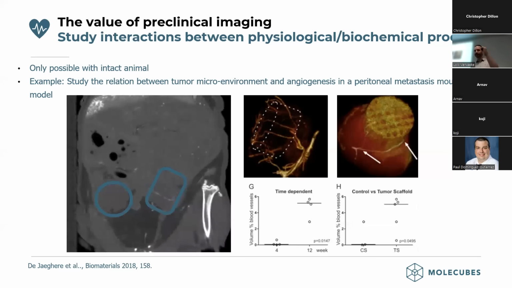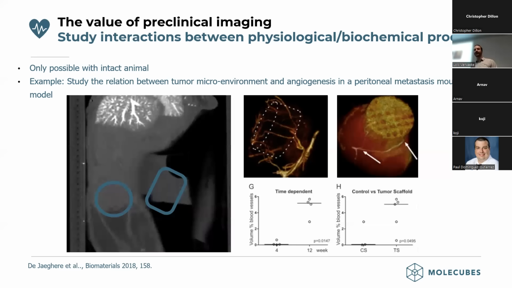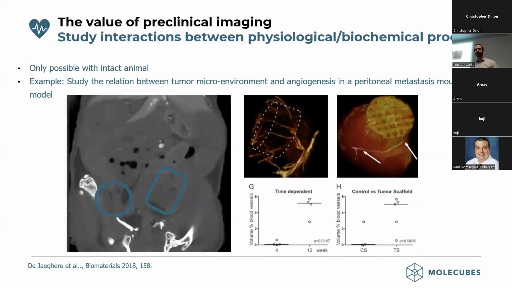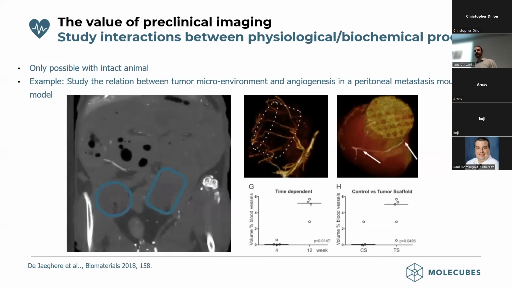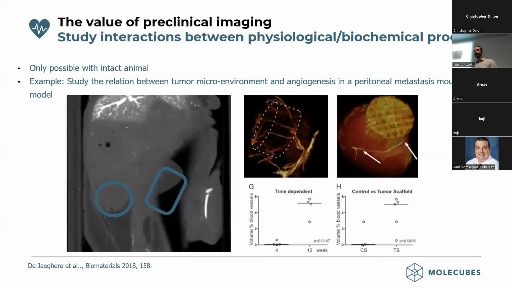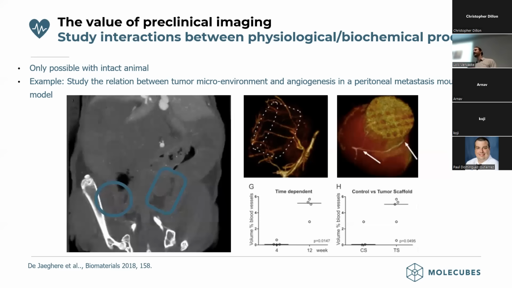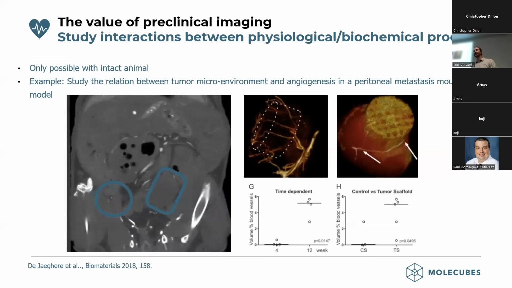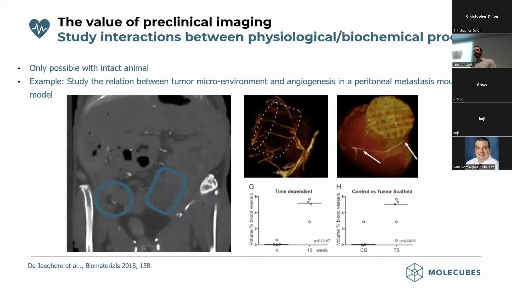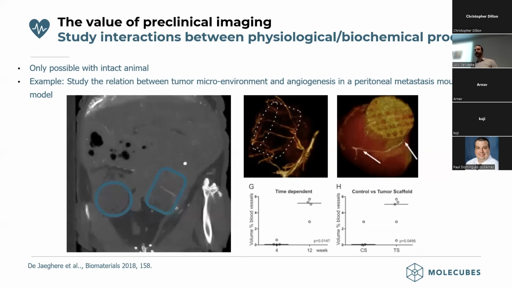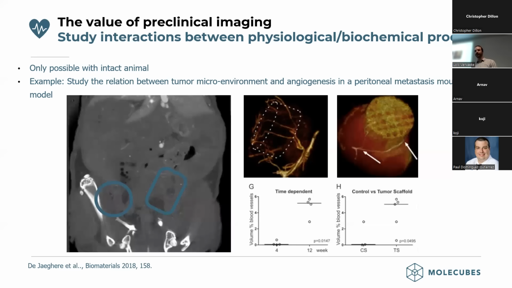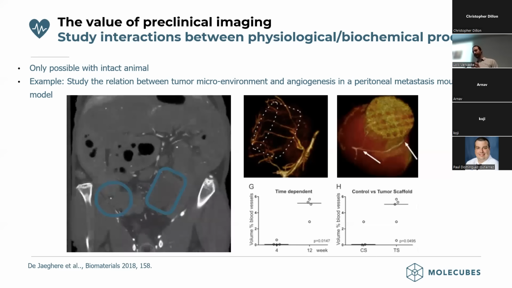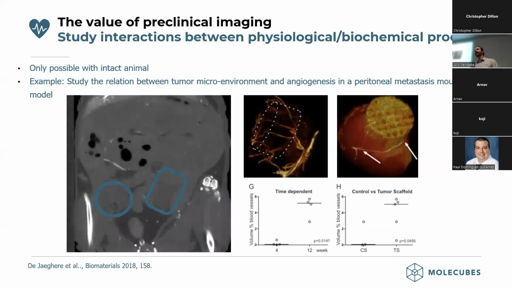And the way they did it is by implanting a 3D printed PLA scaffold, this device here, inside the animal, and by seeding specific tumor microenvironments and tumor cells, they could very accurately control the entire microenvironment of their animal model.